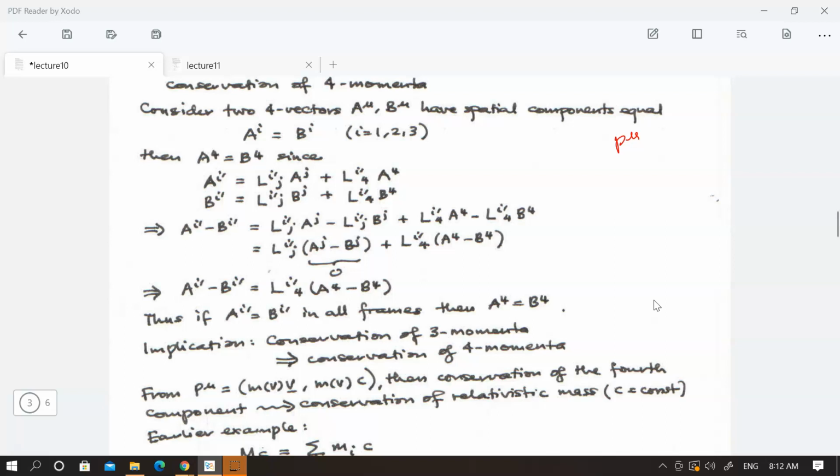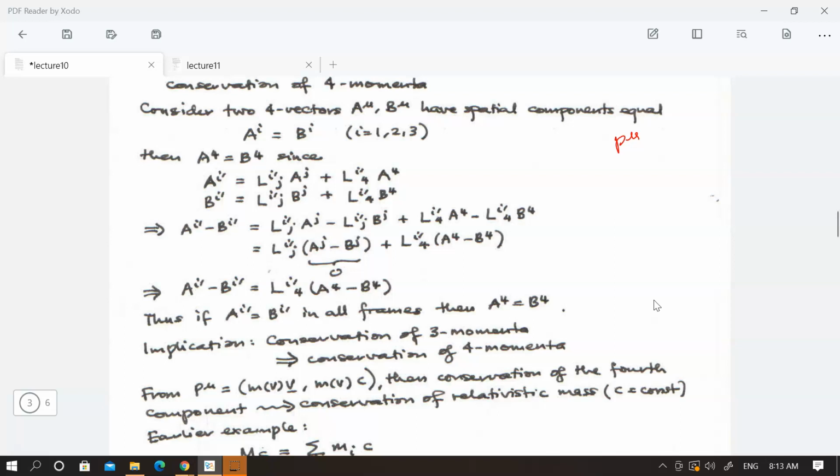And this should be with respect to a particular frame. But if you impose this condition to be true in any frames, then the implication will be the equality of this A mu and B mu in all frames. So let's do this.